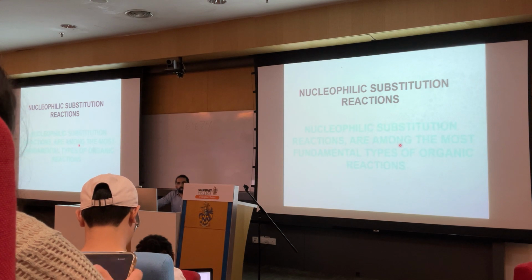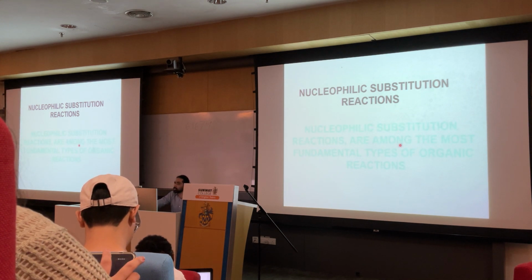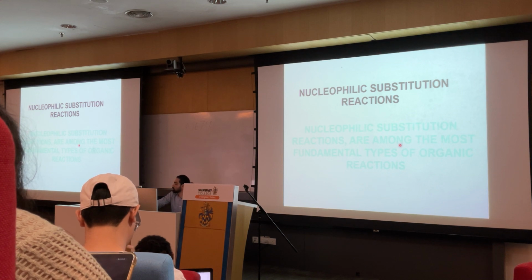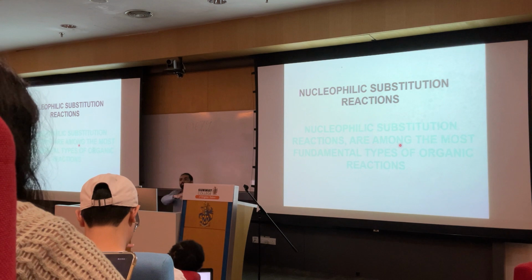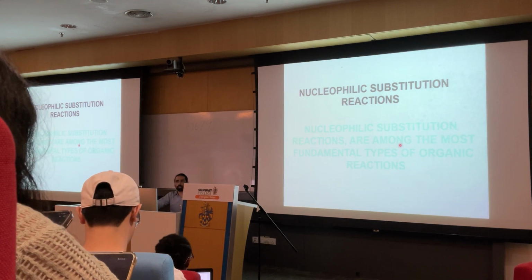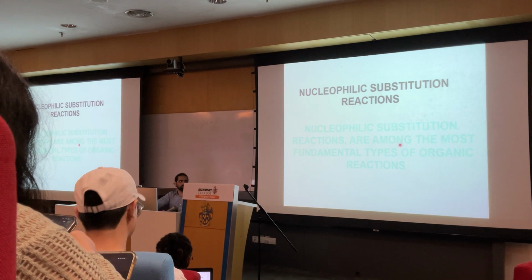Then for the example of substitution reaction, we looked at earlier nucleophilic substitution reaction, right? So nucleophilic substitution reaction in which a nucleophile is substituting the other group in the given compound. So that's why they are called nucleophilic substitution reaction.